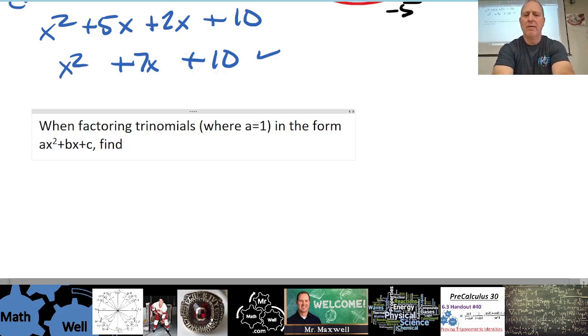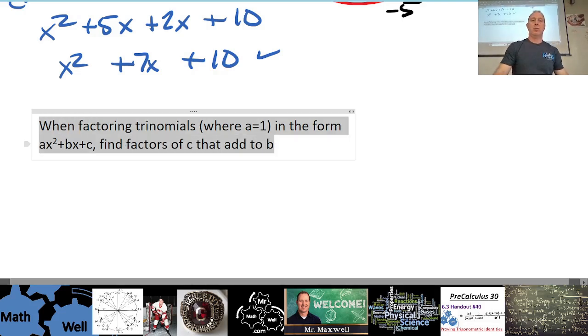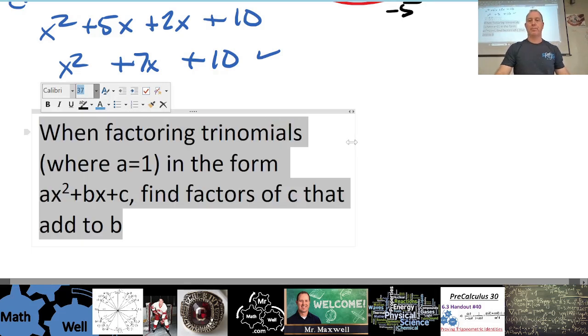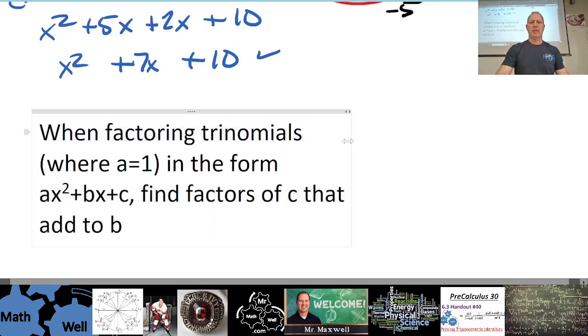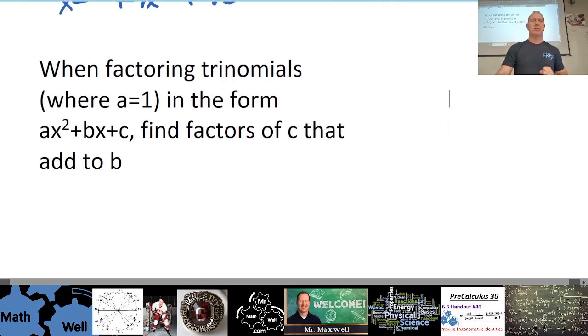Find factors of c, that's the c constant, that add to b. I'm going to make this a little bit bigger so you can see it in the back. And if you can ingest this and get this, this is going to be easy for you.